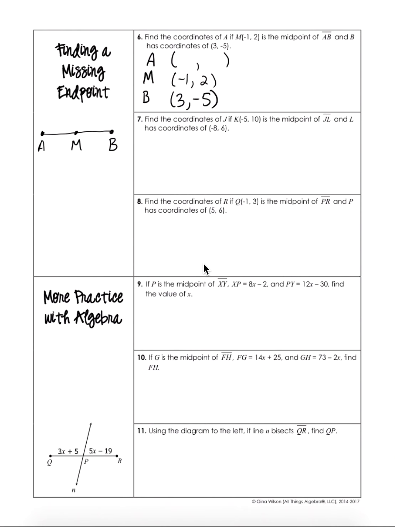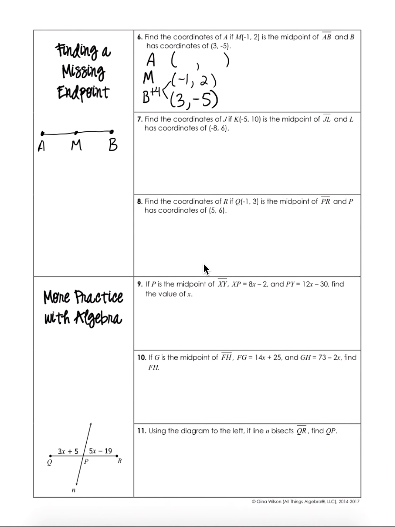So let's look at our x values. If I was at the point negative 1, how many steps would I have to go to get to 3? I would have to go forward 4 spots to get from M to B. And I know that because negative 1, then I have to go to 0, then 1, then 2, then 3.